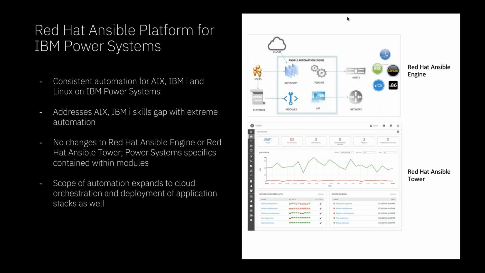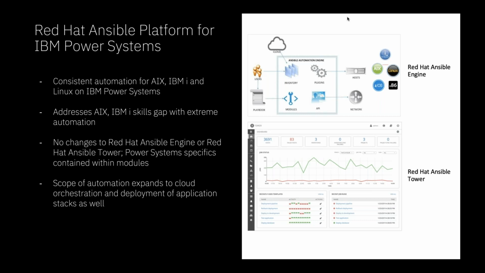And when we talk about consistent management, we know many of you are probably even using Ansible on your x86 environments today, and we want to have this capability where Power can just seamlessly integrate with your existing enterprise automation strategy. So I think having that consistent approach across the data center, where you don't have to have a unique set of skills to automate across the different compute platforms, is a big benefit. And we've heard that time and time again as we've been out talking with our customers.